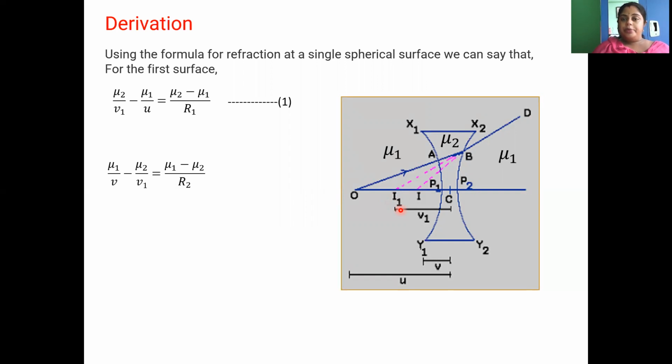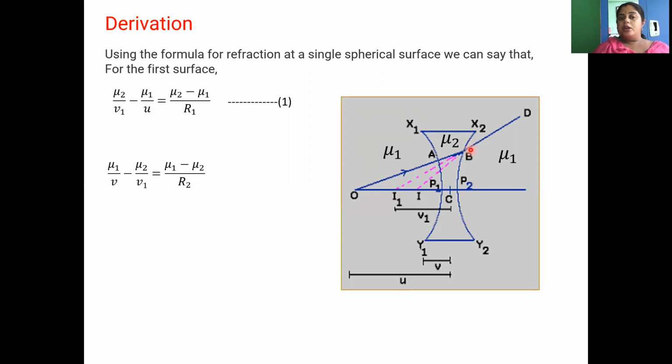In order to derive the lens maker formula, first we will consider the first surface, and when we are considering the first surface, we will ignore the second surface. For the first surface, we will get the image, and that image will serve as a virtual object for the second surface.